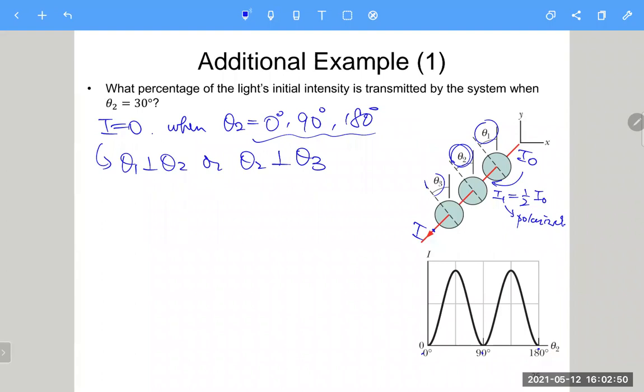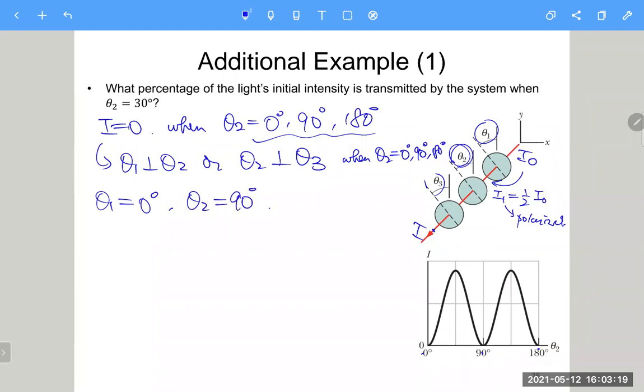Either one of them happens when theta 2 equals 0 degree, 90 degree, or 180 degree. So in this case, we can only make theta 1 to be, let's say, 0 degree, or theta 2 to be 90 degree.